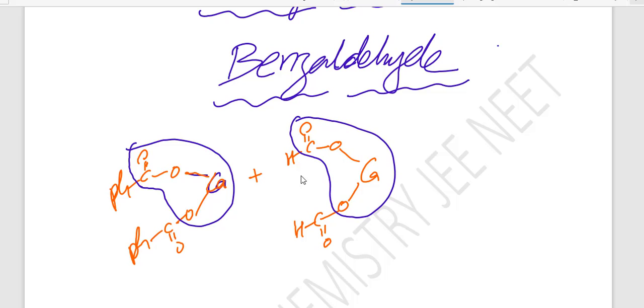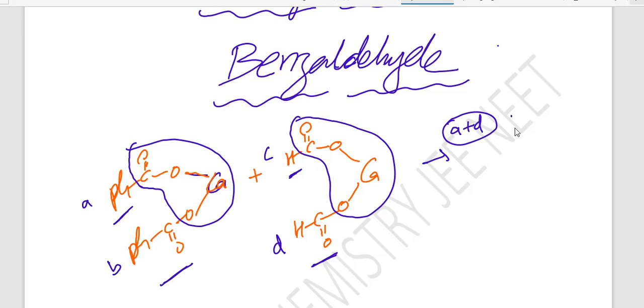So here one H and HC double bond O is there, Ph and PhC double bond O is there. So two conditions. Suppose I am taking A, B and C, D. Suppose here A plus D is there. A plus D, write here, Ph C double bond O H, benzaldehyde.